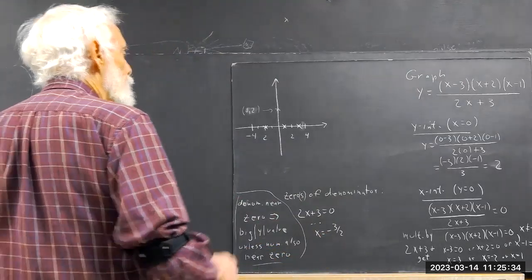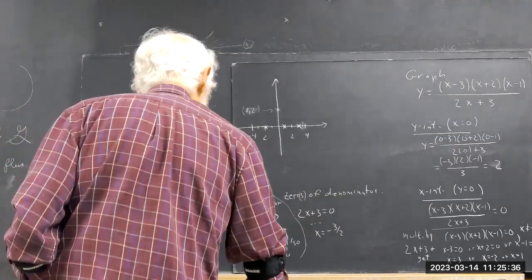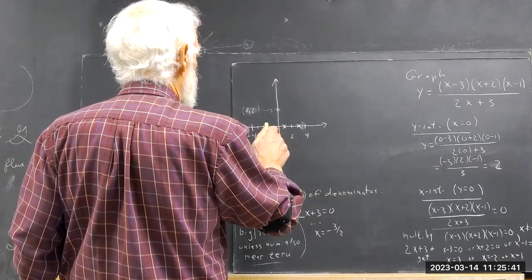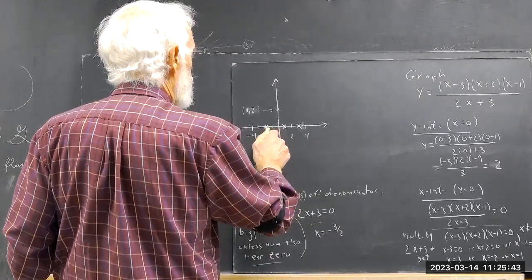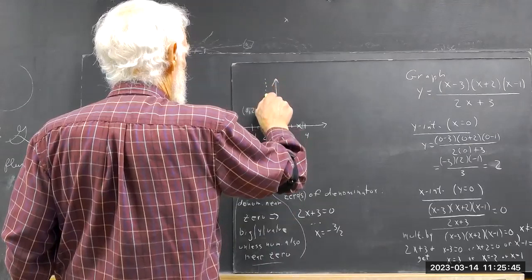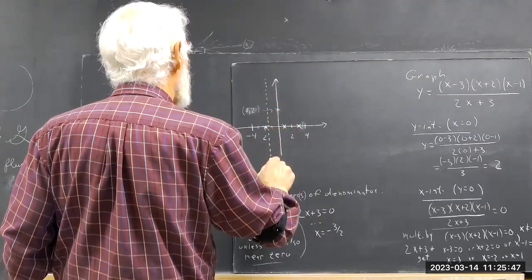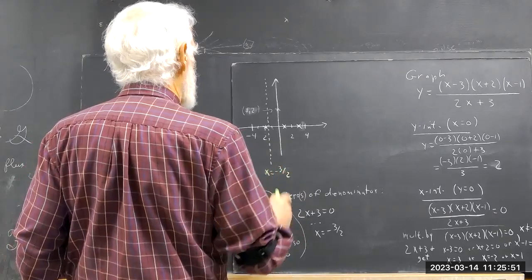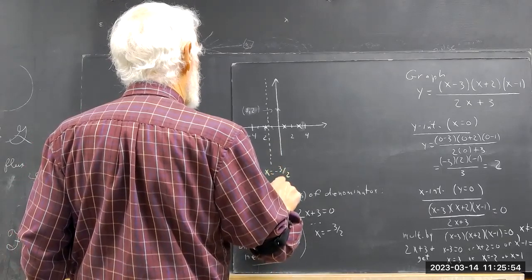Well, where's -3/2? Here's -3/2, between -1 and -2. And that's going to be a vertical asymptote.